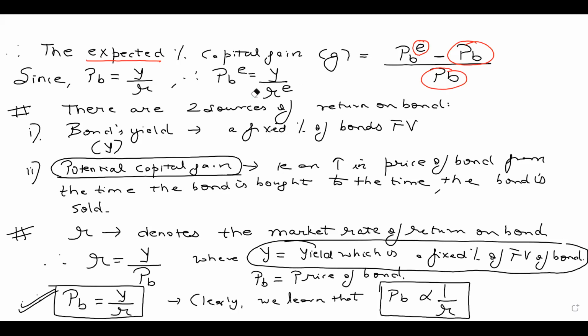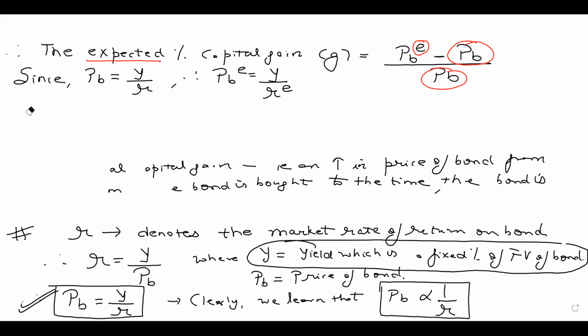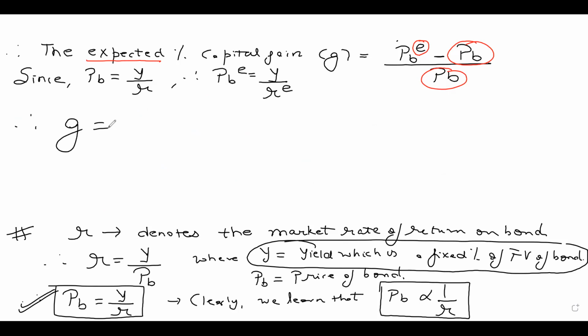Okay, so now I can put these expressions to calculate the expected percentage capital gain. So I erase this part. I erase this particular part, and we can put the value of PB and PBE in our expression G. So I can write, therefore G is equal to PBE is Y by RE minus PB is Y by R divided by PB is Y by R. I take Y common.